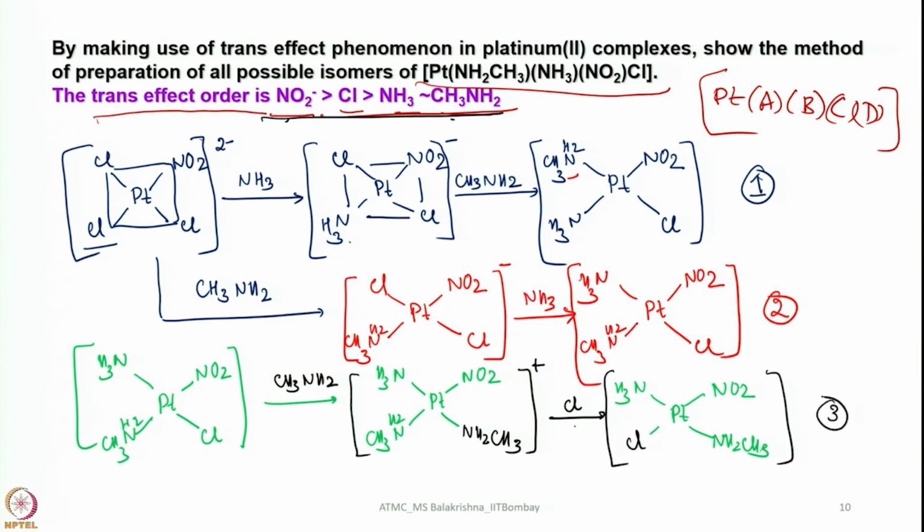This is the third isomer. So now you know how effectively we have used this trans-directing series, and we have prepared all three isomers possible for this combination of 4 ligands of general formula ABCD.